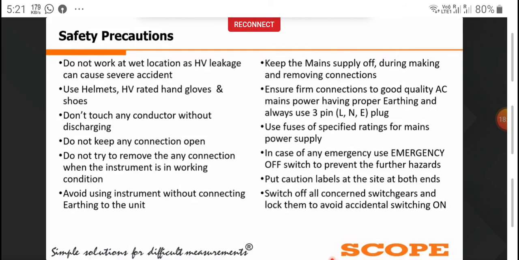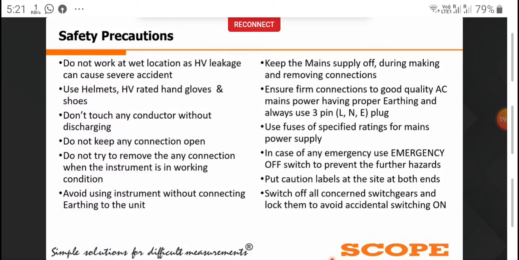After that, do not keep any HV connections open, because there might be a flashover within the test object and instrument. So do not keep any connection open. Do not try to remove any connection while the instrument is working, because it might cause a hazardous accident. Avoid operating the instrument without connecting the earthing to the unit.